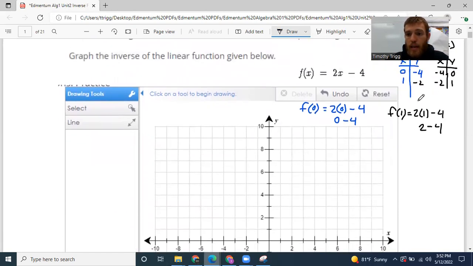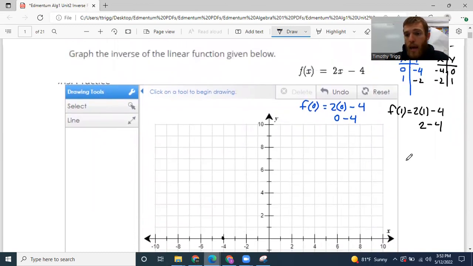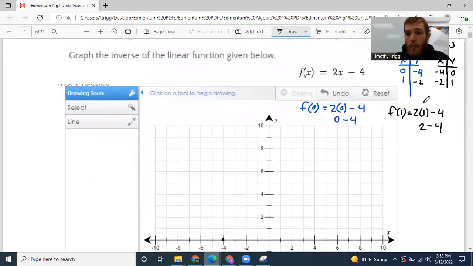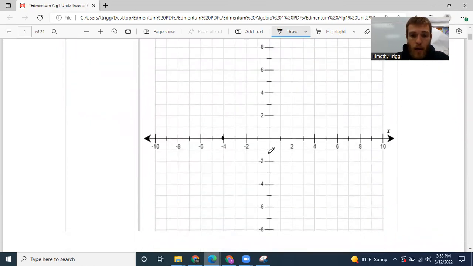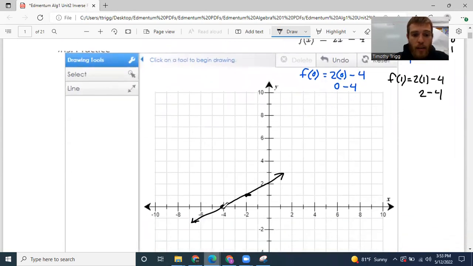You can go to -4, 0, that's right here, and then -2, 1, which is right here. So for our inverse line, you could just make a line that goes through these 2 points and it'll form the rest of the line for you, if you're using the line tool. Click here, then drag to here, and it should create the whole line for you. Make sure your line looks exactly like my line here.